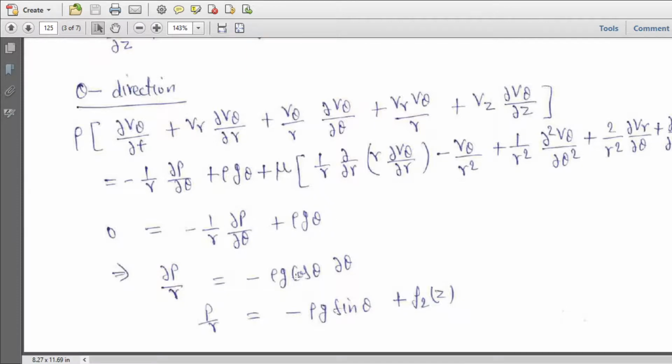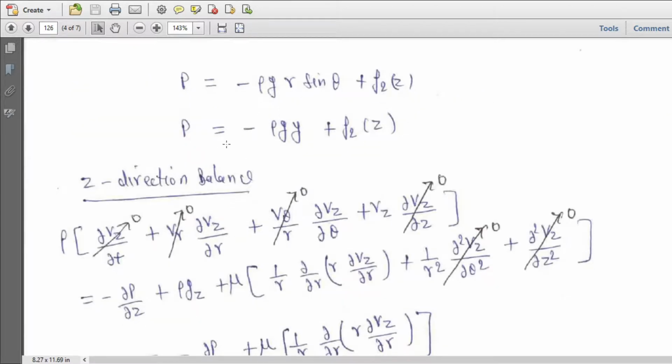Here rho g theta is rho g cos theta. So del P upon del theta equal to minus rho g r cos theta, and integrating you will get P equal to minus rho g r sin theta plus f2(z). Now P equal to minus rho g y plus f2(z).